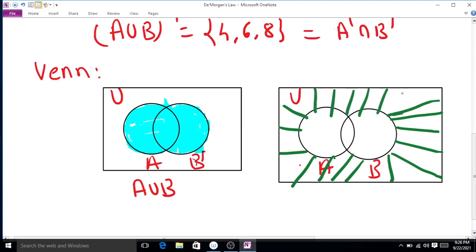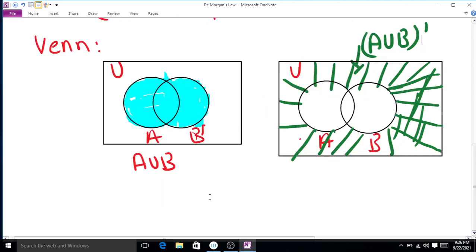This is called (A union B) complement. So, I am writing here, (A union B) complement. Now, this is the left hand side.